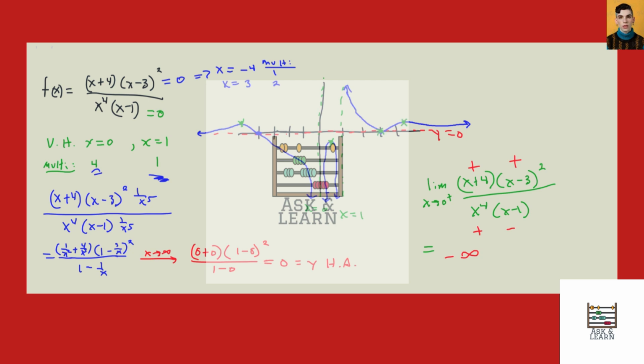So we know we're going to have a local max slightly to the left of our intercept at negative 4. Somewhere between 0 and 1, we're going to have a local maximum. At x is equal to 3, we know we're going to have a local min. And somewhere after x is equal to 3, we will have a local max.